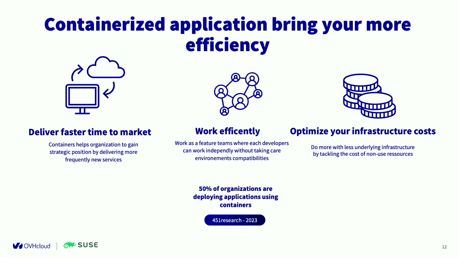So the benefits that containers bring today can be summarized in two pillars. First, faster time to market, so you can accelerate the way that you develop new functionality, test it, and put it in production. It needs a new way to address that with DevOps practices and an agile way of working.